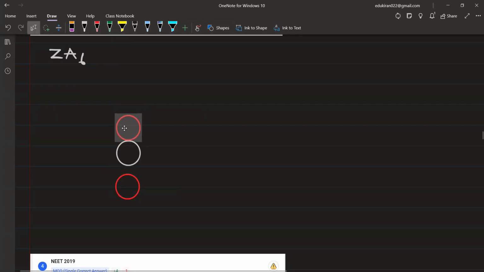So let me attach 6 atoms on the central atom, that is the white central atom. And as you can see, the sizes are the same. जो red का size है वही size white का भी है.